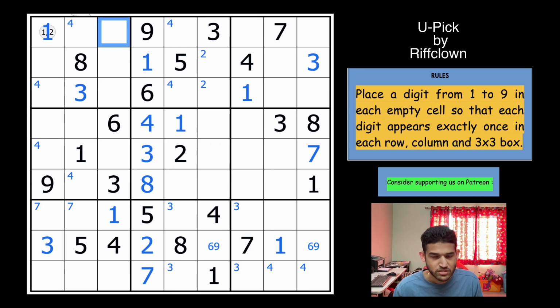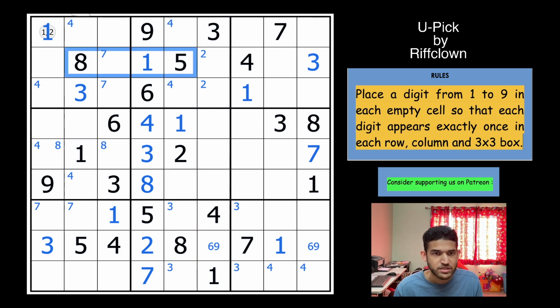So 7 goes into these two cells, just the two cells for the 7. Now 8 in row 5 goes into these two cells. And 8 in box 2 has only one cell. 8 cannot be here, 8 cannot be here in this cell.